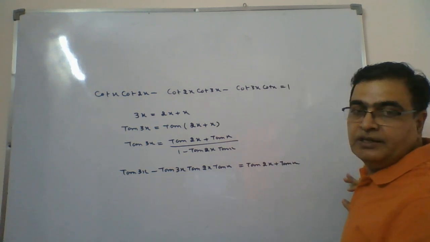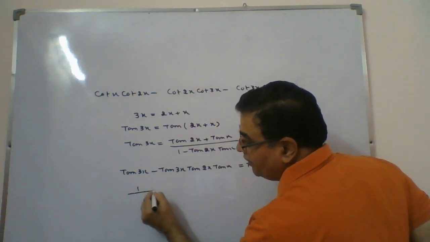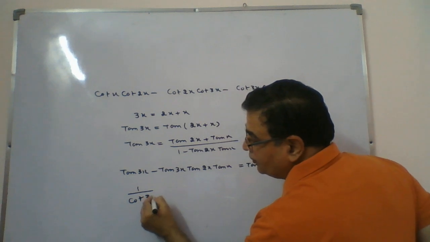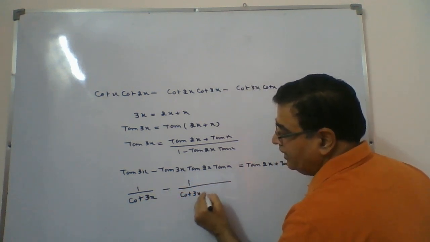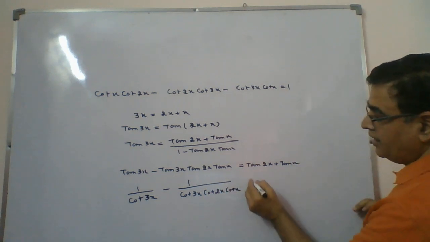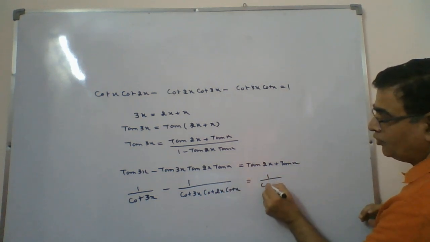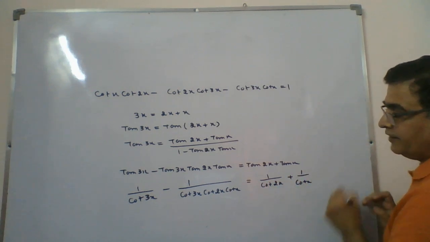Or you do one thing. First, convert them in cot. So it will be 1 by cot 3x. Here it will come 1 by cot 3x cot 2x cot of x. And here it comes out to be 1 by cot of 2x plus 1 by cot of x.